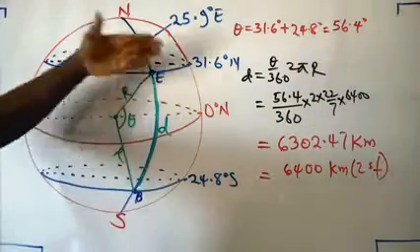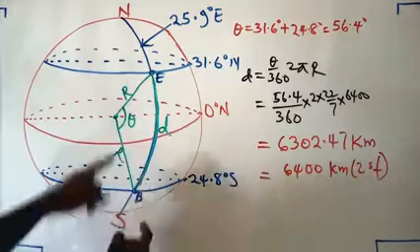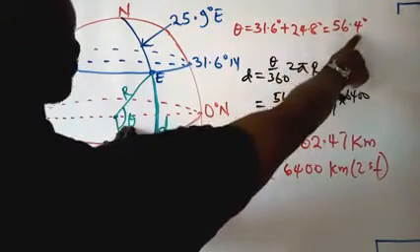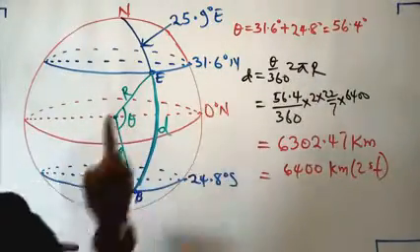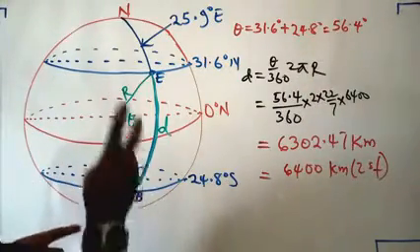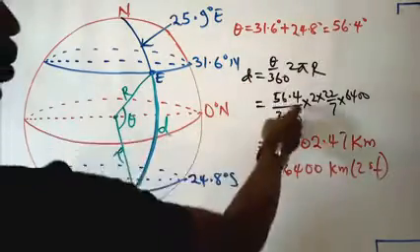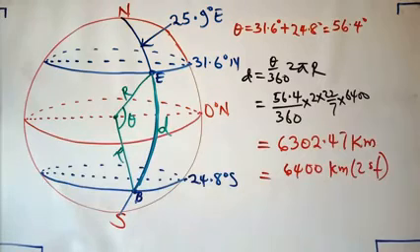But here, one of them is towards the north, the other towards the south. They're on different sides of the equator, so we add and get 56.4. We use exactly the same formula for the distance between any 2 points on a great circle. Substitute the values and solve, and that will be your answer to two significant figures.